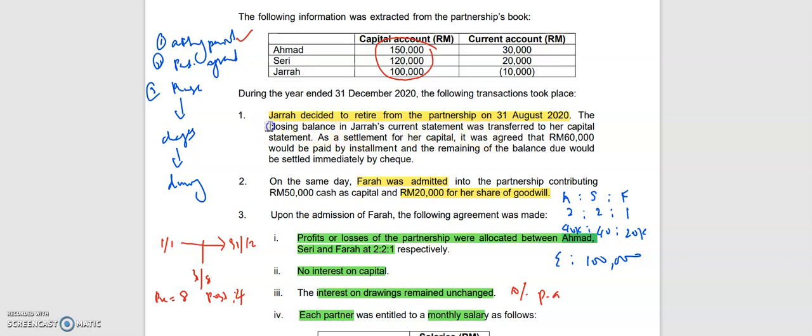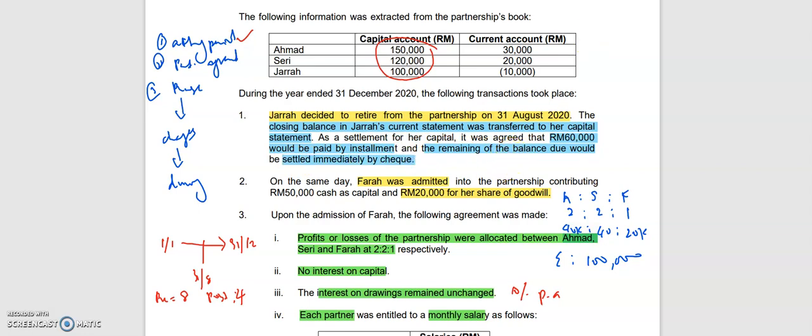Okay, we already done this part. Even though it's not mentioned, but we know this is the procedure. We have to close her current and transfer to the capital. And then as a settlement, it was agreed that 60,000 would be paid by installment. And the remaining balance would be settled immediately by check.